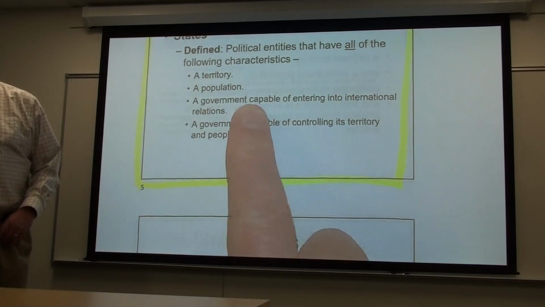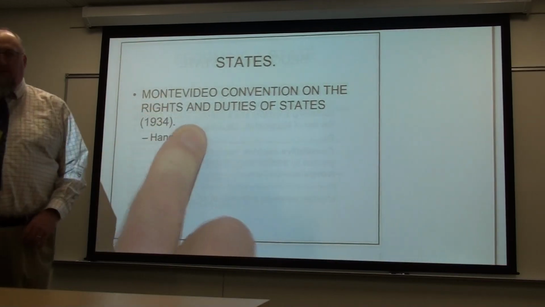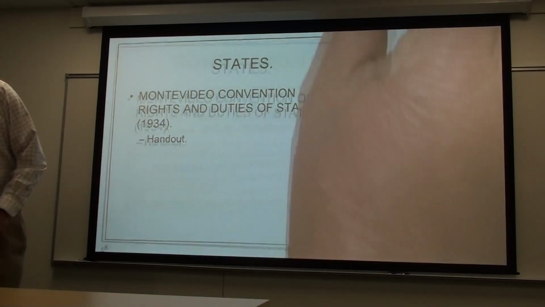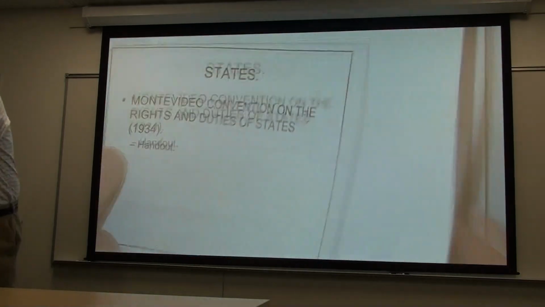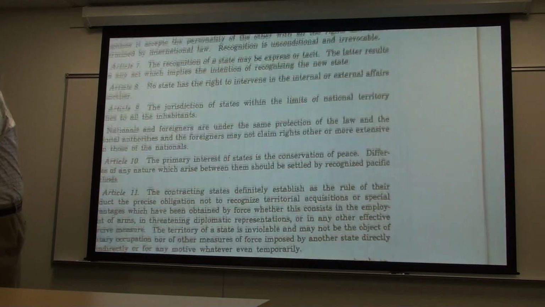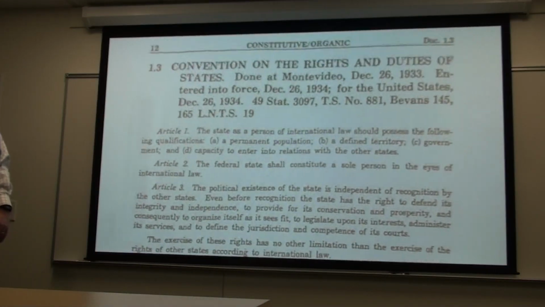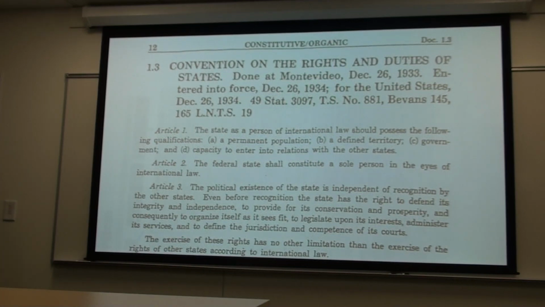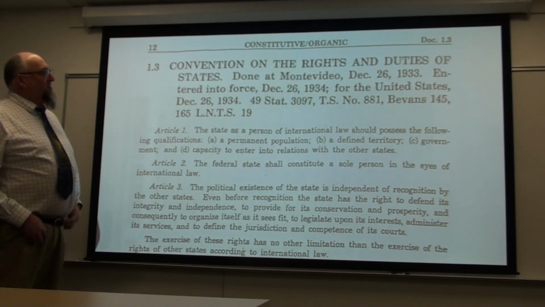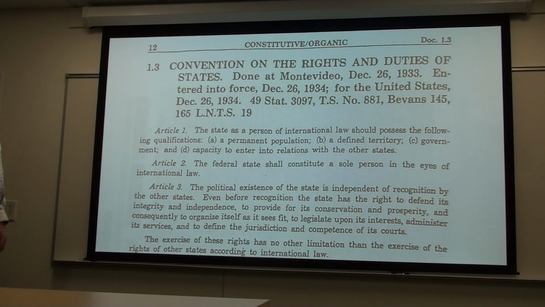So this four-part test comes from the Montevideo Convention. So let's take a look at that. It's on page 76. Okay, the Convention on Rights and Duties of States, done in Montevideo, Uruguay, 1933.